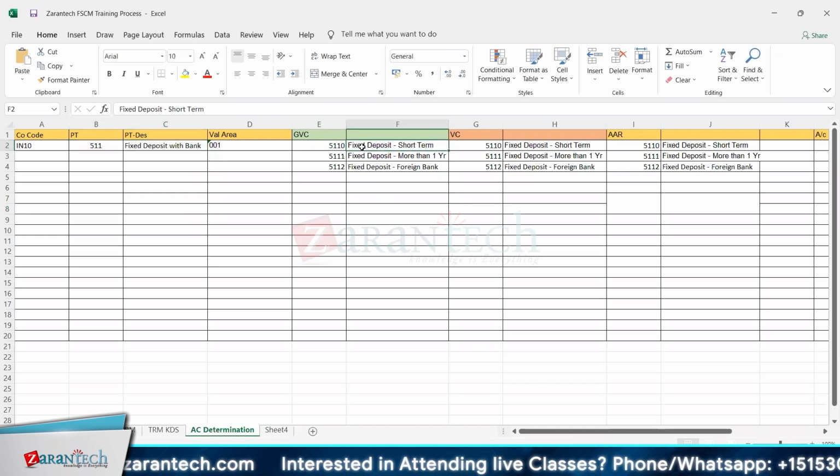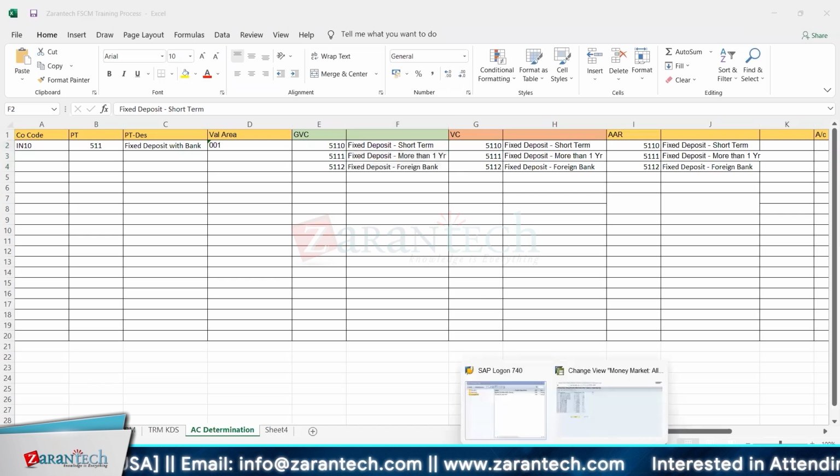Here I have taken a very basic example, but when you actually start working in the treasury module, you will find so many GL accounts the client uses for fixed deposit. Here I have three GL accounts: fixed deposit short term, fixed deposit more than one year, meaning long term, and fixed deposit foreign bank. So these are the three GL accounts the client manages in my example. How am I going to manage these GL accounts for one product type?